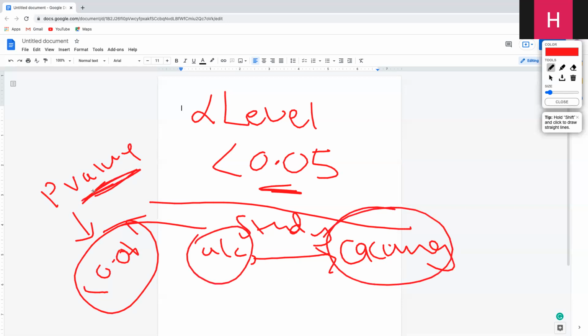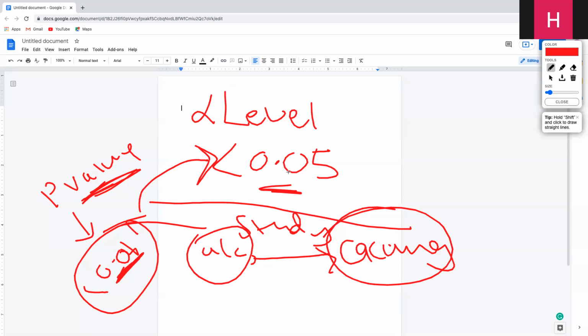Because the p-value that I analyzed and calculated in my study was less than the alpha level. What is the alpha level? It is the error that you are accepting, which means I'm accepting up to 5%, less than 5%, that this association was not a true association. It was a random association that happened due to error.